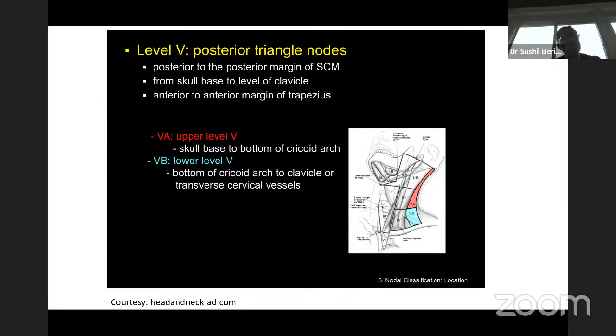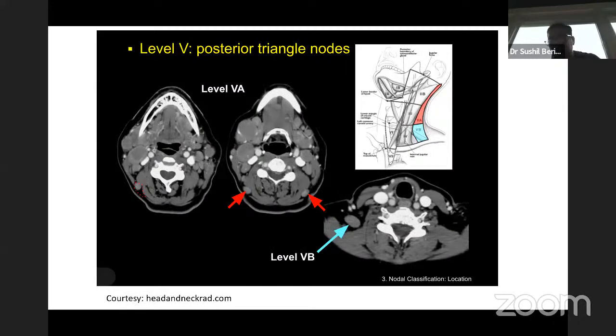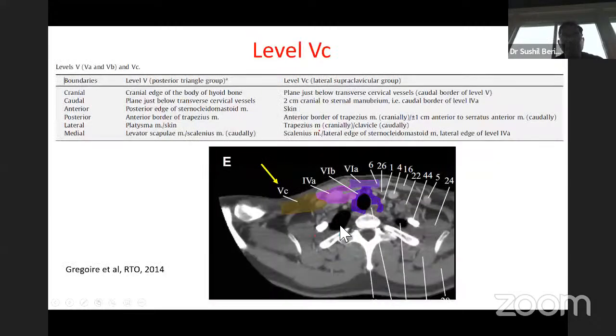But usually without contrast, it's sometimes hard to identify the transverse cervical vessel. So you can go up to the clavicle to define the level 5 node. You can see this is what we are talking about, from trapezius to the posterior sternocleidomastoid. You can see the level 5B node. And 5C is at the level of the level 4 node, which is basically from the lower edge of the cricoid all the way up to the transverse cervical vessel.